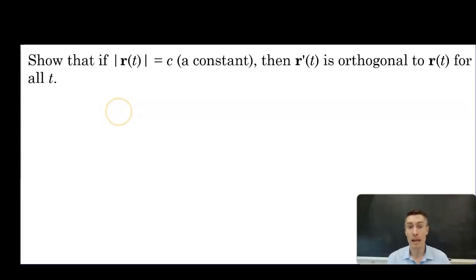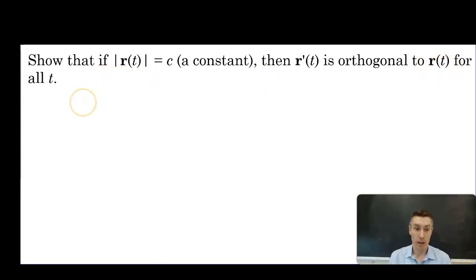So a circle would be an example of this, right? Plug in any value, the magnitude of that vector would be the radius, right? It's going to be constant as you go along that circle. So what we're trying to show in that case is the tangent vector is orthogonal to the original position vector, okay?